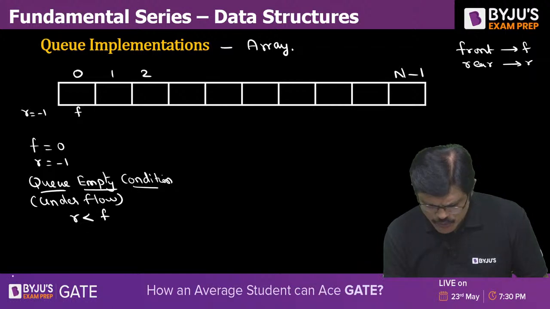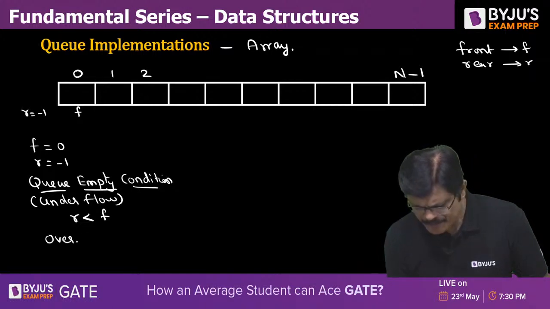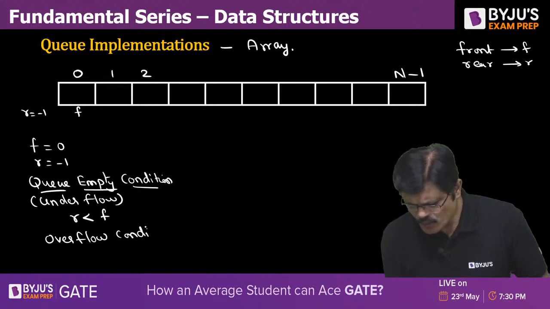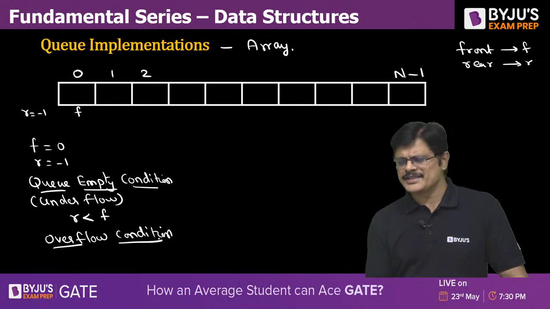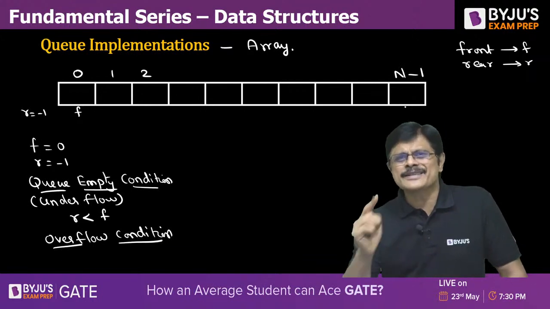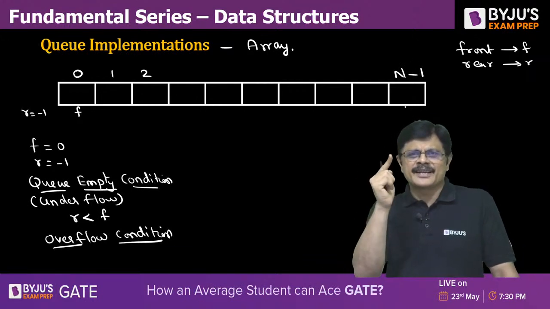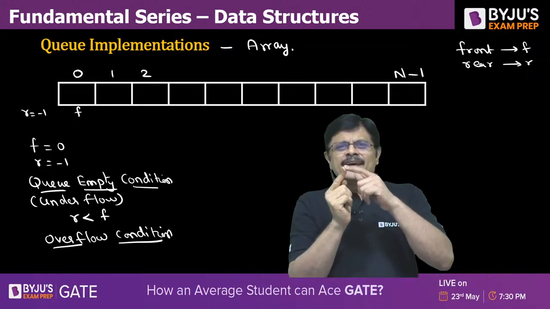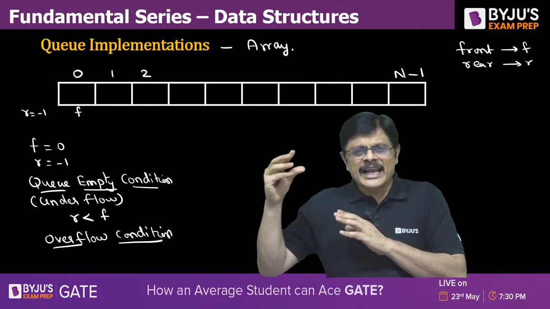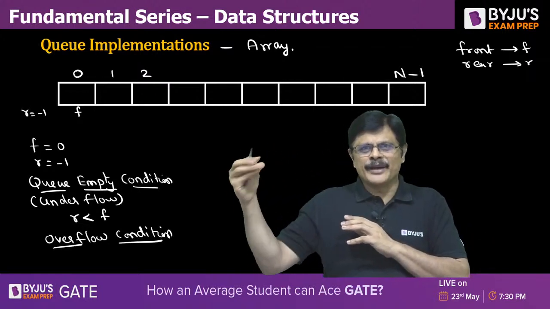Similarly, we can also look at the overflow condition. What is this overflow condition, my dear friends? Rear is the variable which identifies the rear element, the element at the end where you can insert.